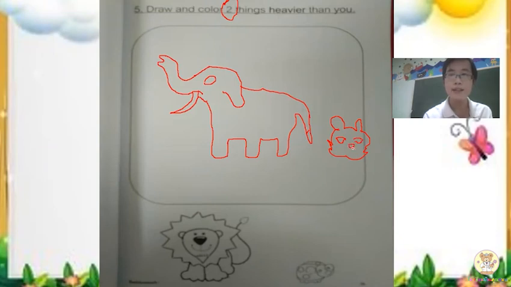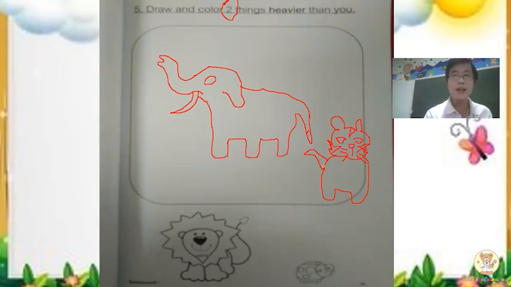A tiger is not a cat. So this one, I'm going to draw a tiger. You can draw other things, maybe something that looks very similar to a tiger. Okay, so now I finished drawing two things.